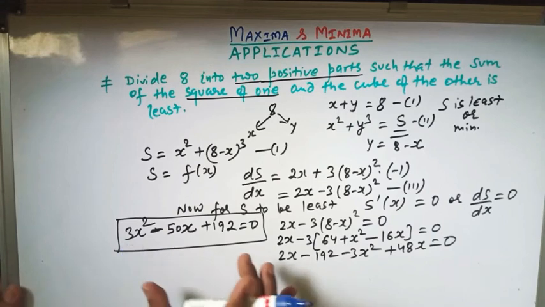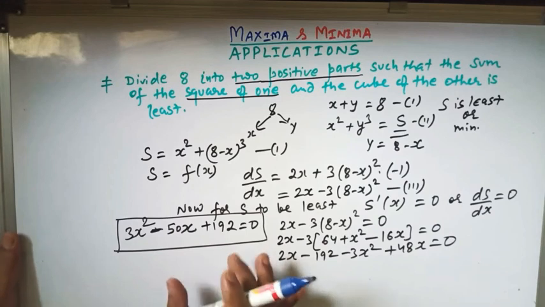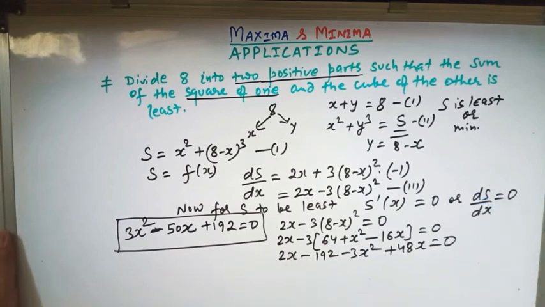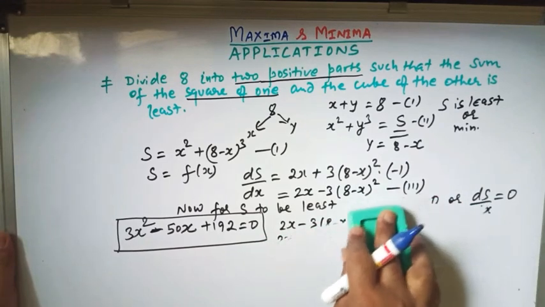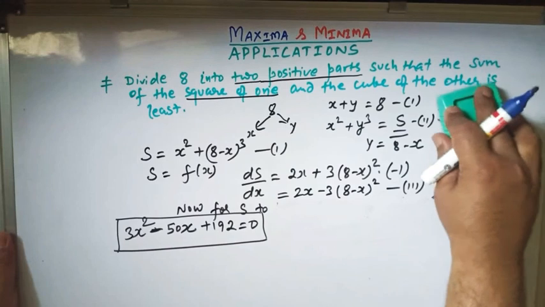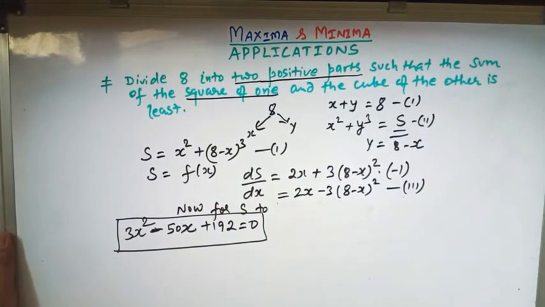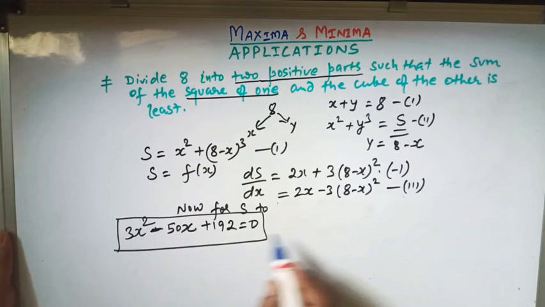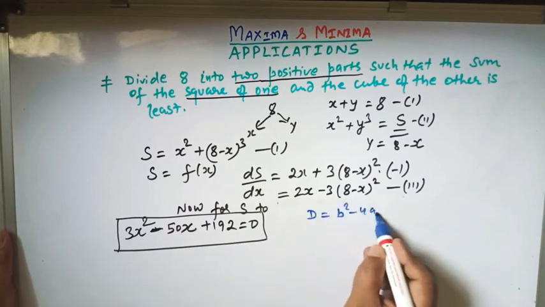Now we have this quadratic equation, and we can solve it by using the quadratic formula. So viewers, here we can find the discriminant, and the discriminant is b square minus 4ac.